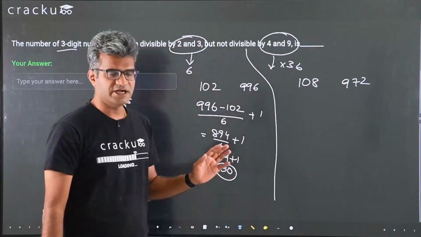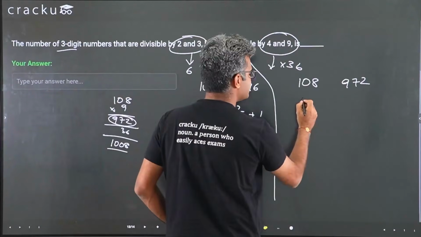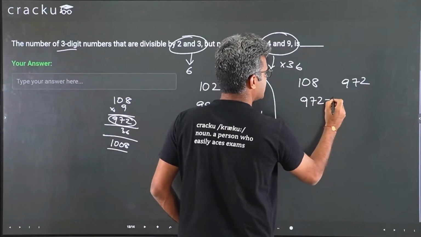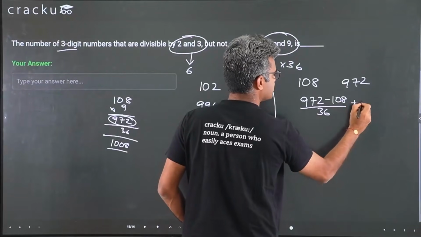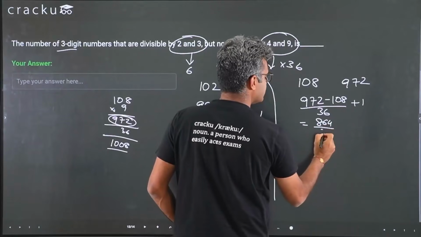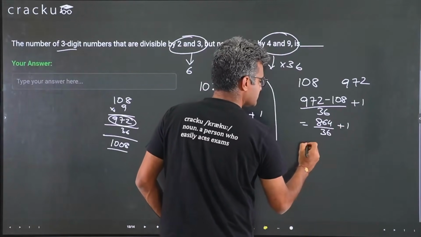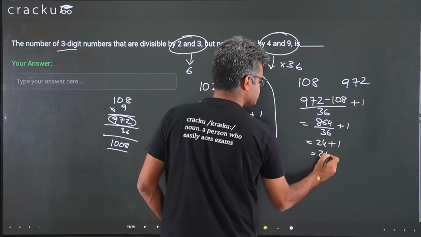So how many multiples of 36 are in 3 digits? That will be 972 minus 108 divided by 36 plus 1. This is equal to 864 divided by 36 plus 1. This is 24 plus 1, which is equal to 25.